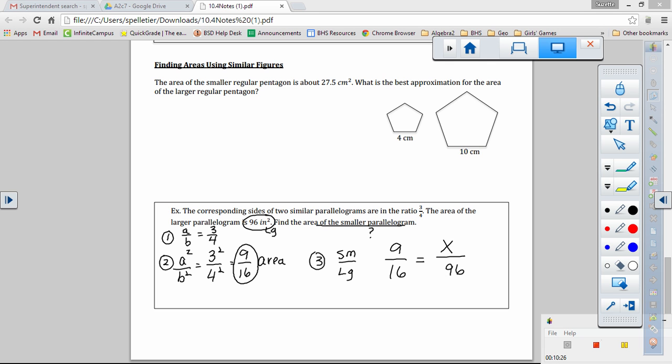So again, cross multiply. 16 times x is 16x. 9 times 96 is 864. x is being multiplied by 16. To undo multiplication, we use division. And so x is 54, and the label is inches squared.